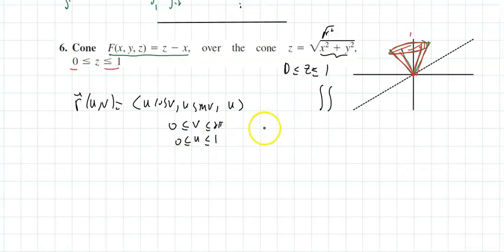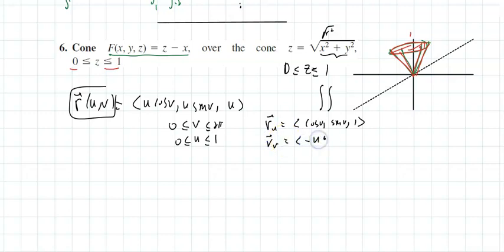And now I could say, well, since I did figure this out, let me take r sub u, that is cosine of v, sine of v, and a 1. R sub v, that is negative u sine of v, u cosine of v, and a 0. And if I take r sub u cross with r sub v, we did this already, and we're going to do this over and over.